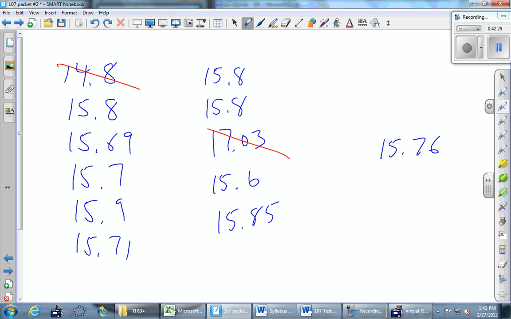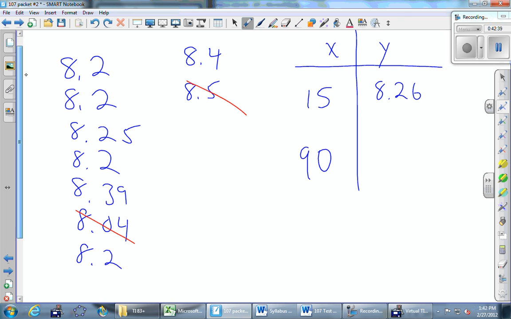Anybody else? Same. Okay, we'll call it 15.76. We're going to put that in the other spot here. 15.76, that's how long that one took. And I put 90. I said calculator count from 1 to 90, and it took longer.